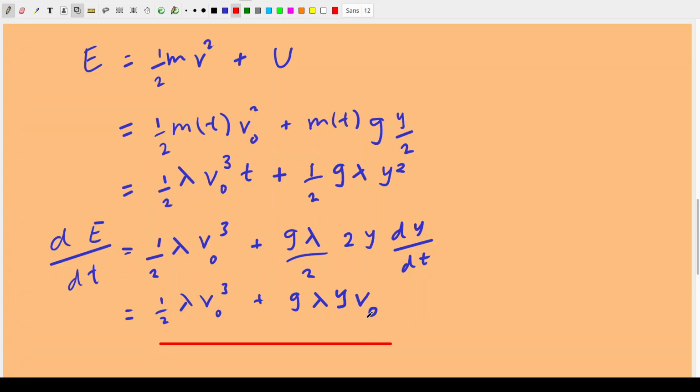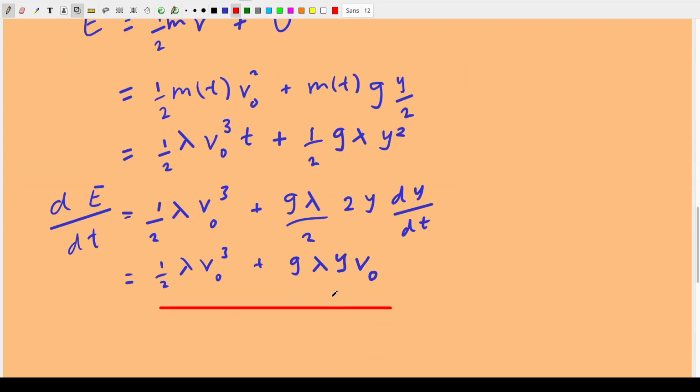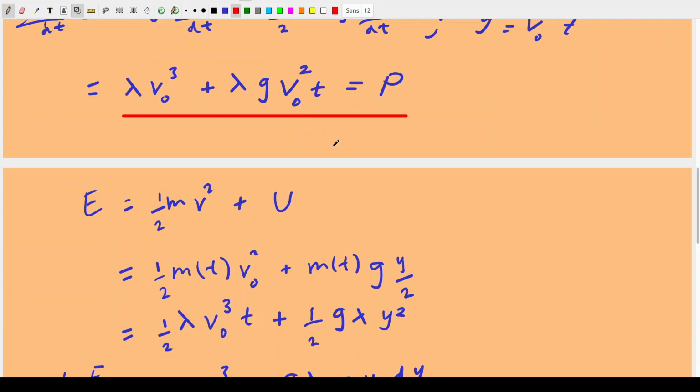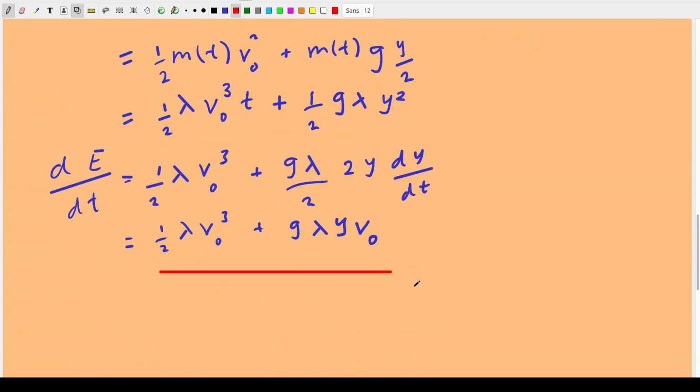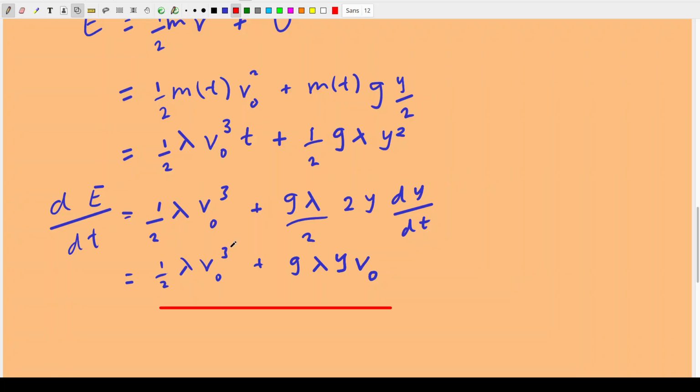And this is the final expression. When we compare this to that, you see that this term is just the same, because y equals v naught t, so you get v naught squared t. And here there is a difference: lambda v naught cubed, but here there is a half.